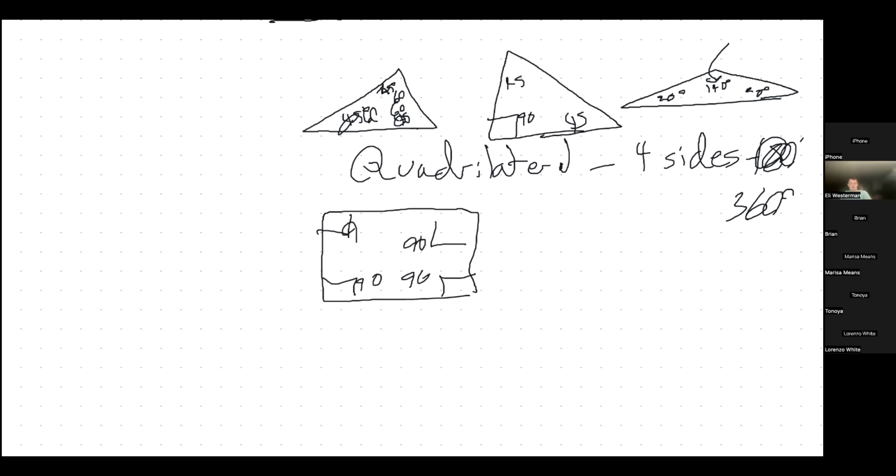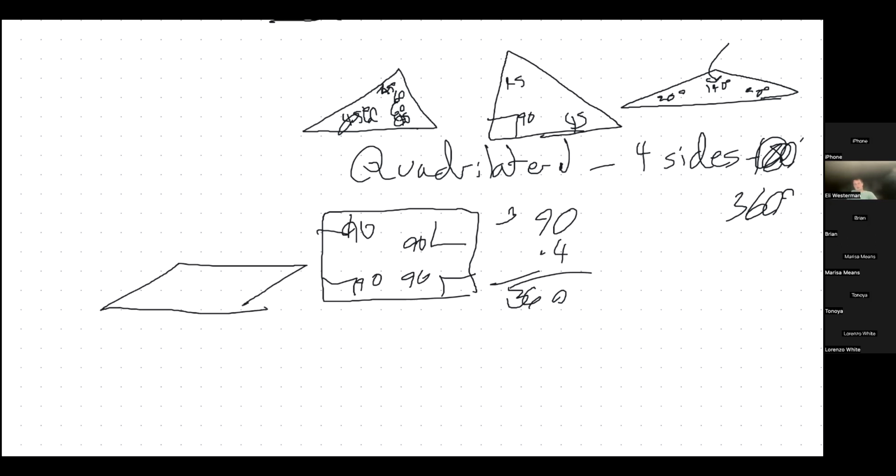So 90 times 4 is 360. There are other kinds of quadrilaterals. You could have one that looks like this, or one that looks like this. But no matter how you do them, all the angles inside are going to add up to 360 degrees.